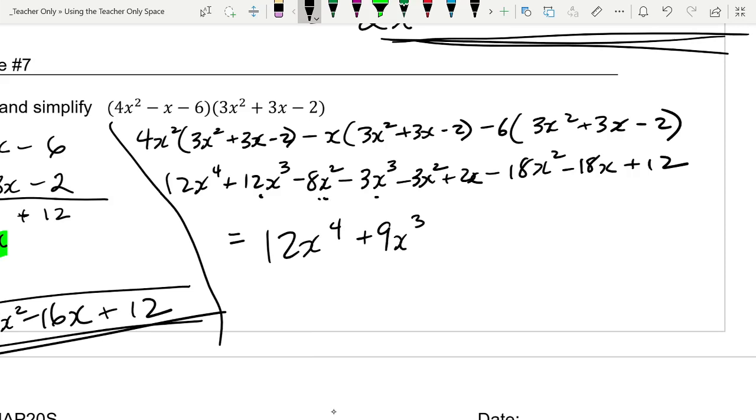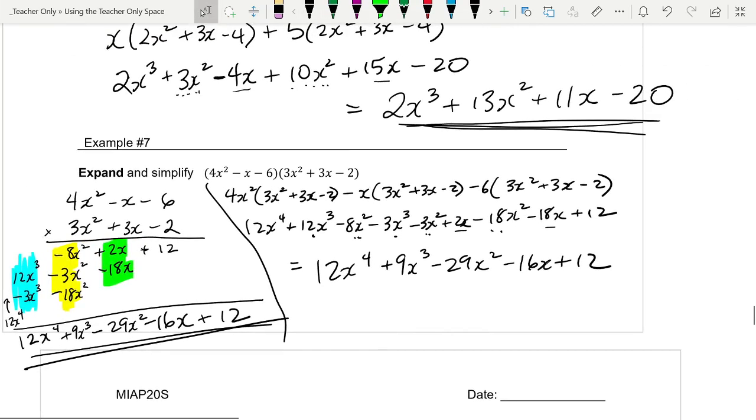There's a squared, minus, something's wrong here. Oh, I missed a squared, there's a squared. So negative 8 minus 3 is negative 11, minus 18 is minus 29x squared. And then there's an x and an x, minus 16x plus 12. Okay, let's compare.